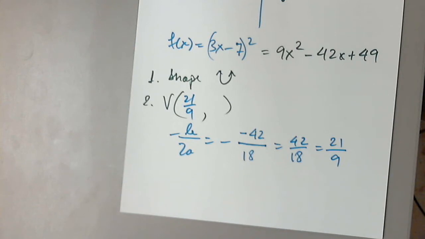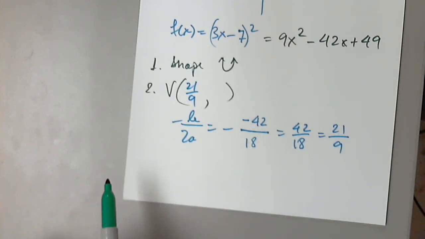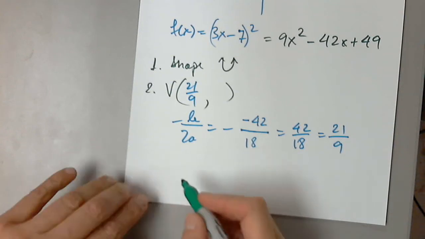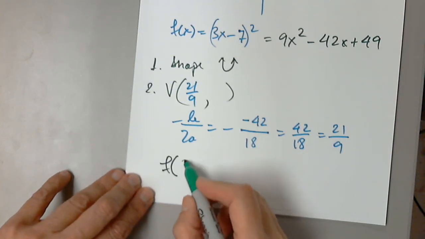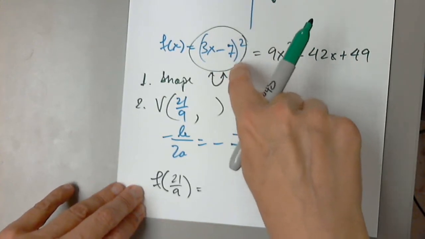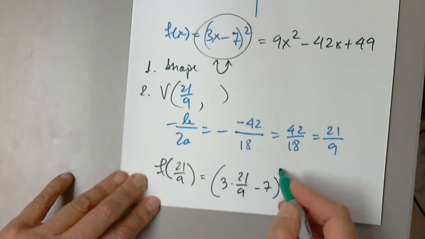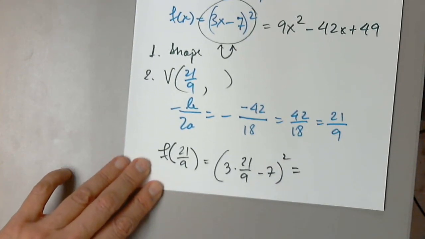Wonderful example. Thank you very much. See how I graph, how I plot 21. Oh, I'm kidding. How do I determine the y-coordinate of the vertex? Excellent. So f of 21 over 9. I prefer this one now. So 3 times 21 over 9 minus 7, everything squared, because this is compact. This is much easier now.